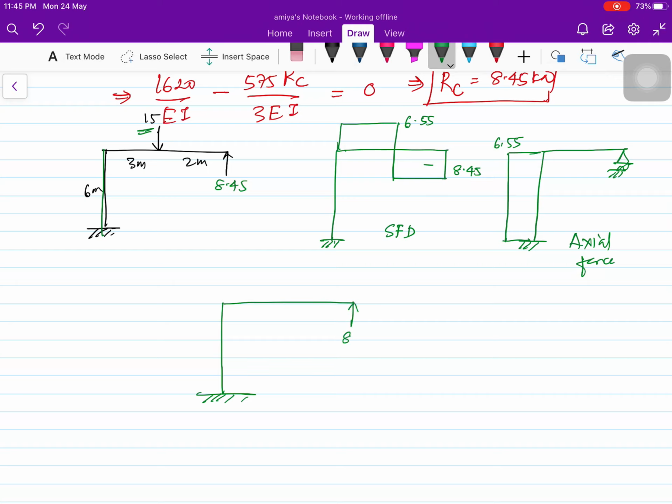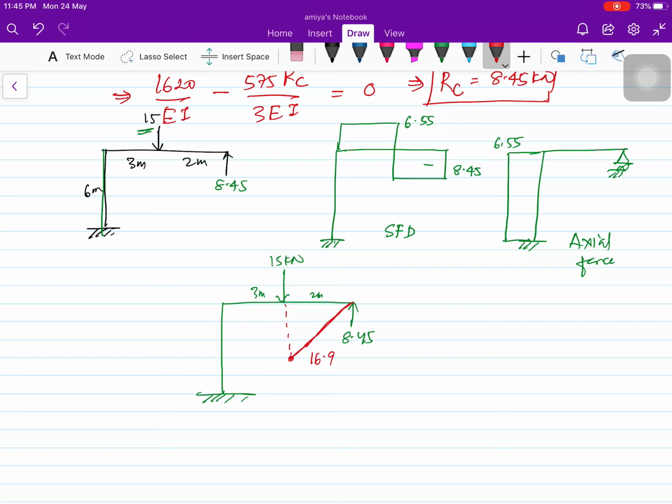We have this force reaction, we know this is 15 kilonewton force, we know this is 2 meter, this is 3 meter. So now 8.45 multiplied by 2 gives us the moment here, which is 16.9.